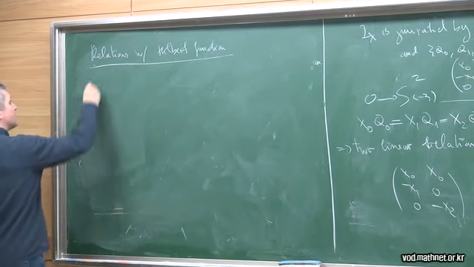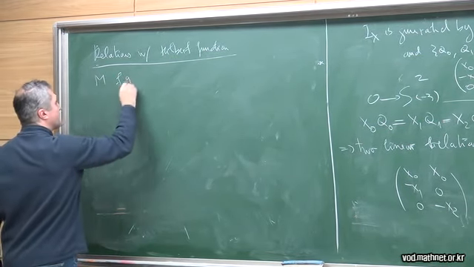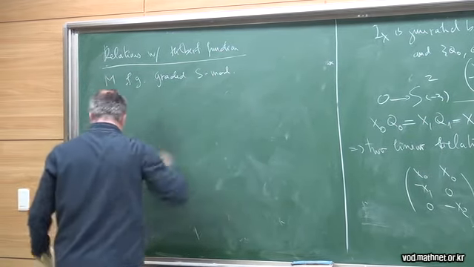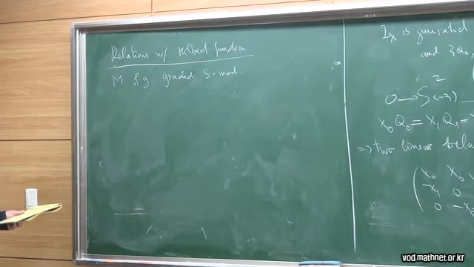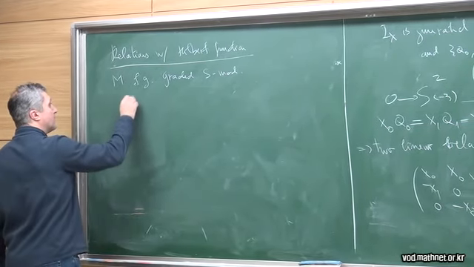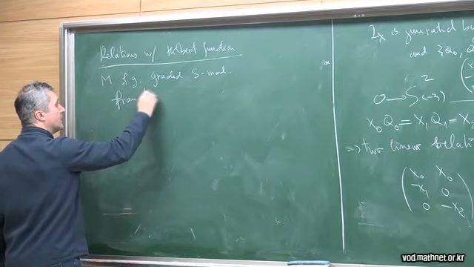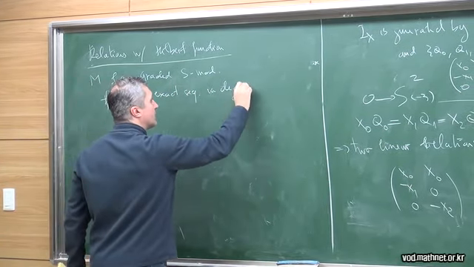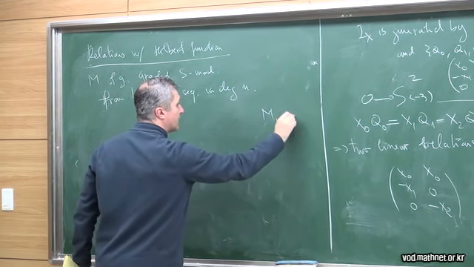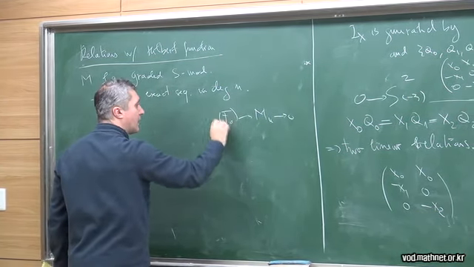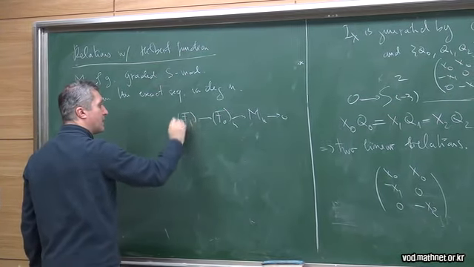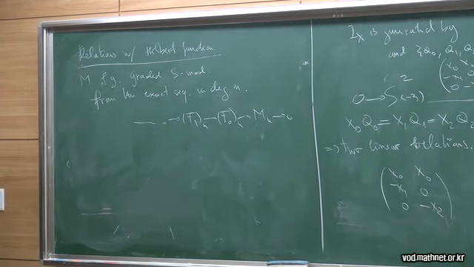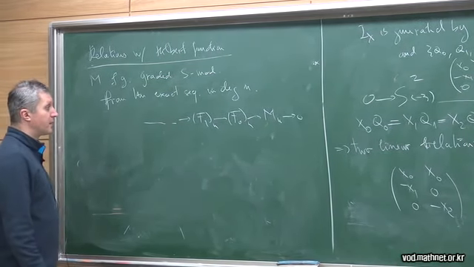So I go back to the original situation. M, a finitely generated graded S module. From the exact sequence in degree n, we have M_n, F_0,n, F_1,n, and so on, where F was the minimal resolution of M. So this is an exact sequence of vector spaces.